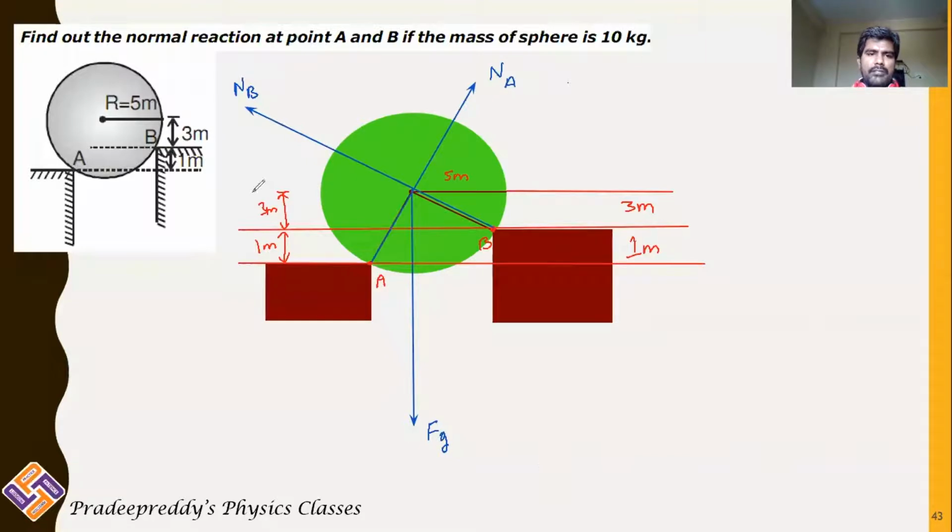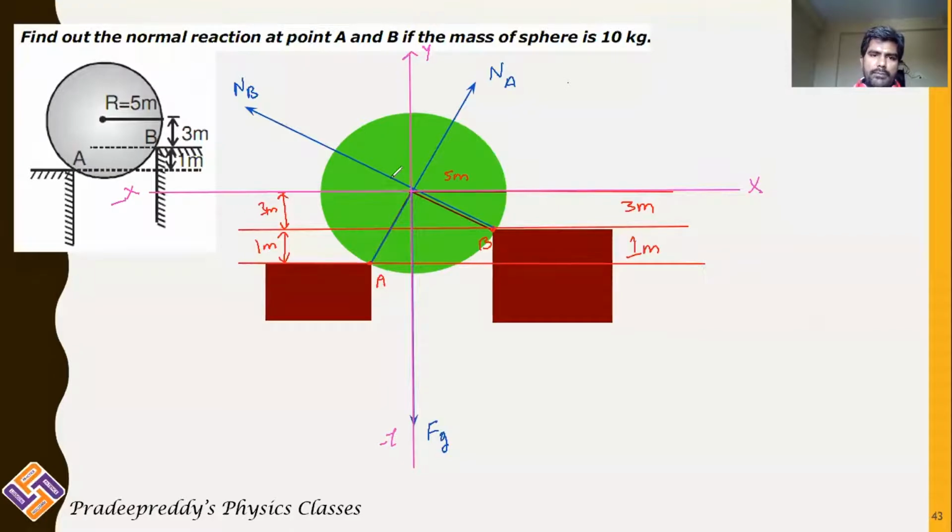For that, I'll choose one x-axis. This is the x-axis, and this is the y-axis. Now find out the angles here. Let me take this as a triangle.